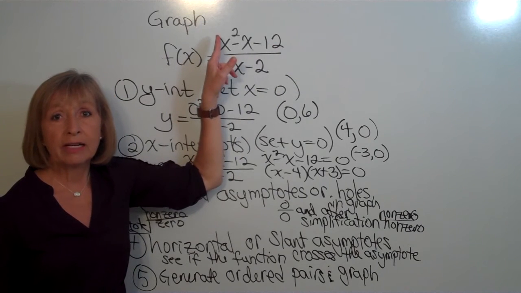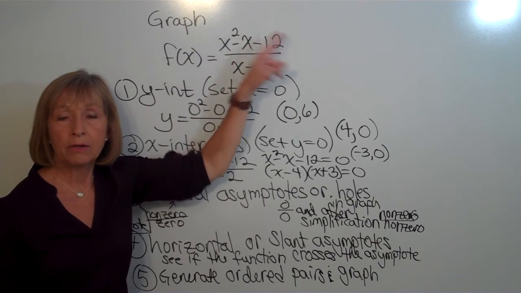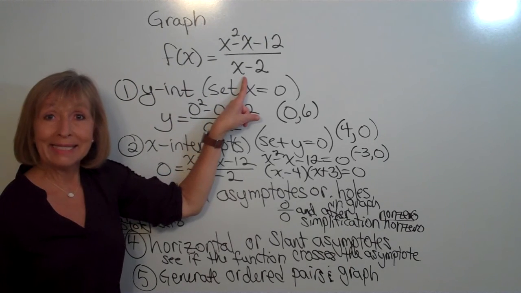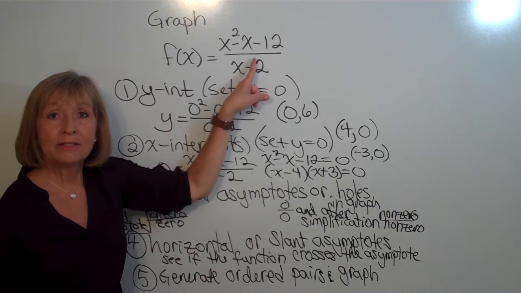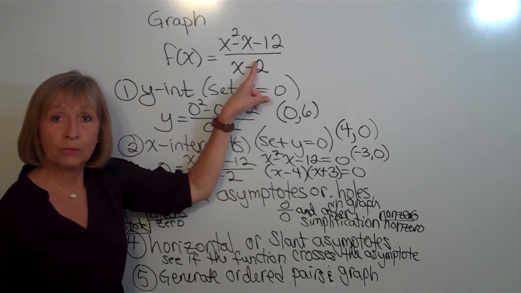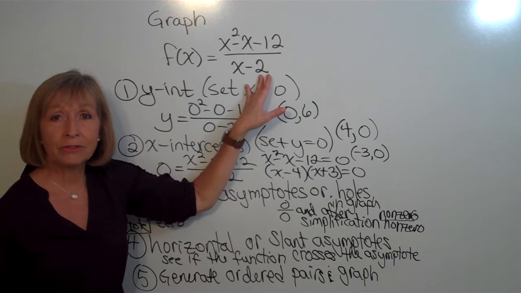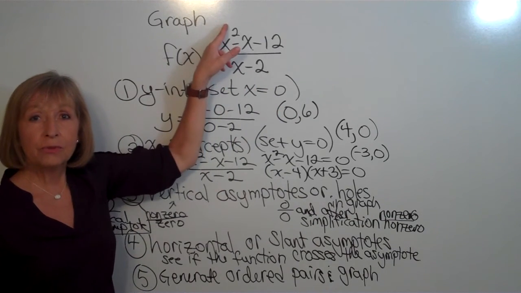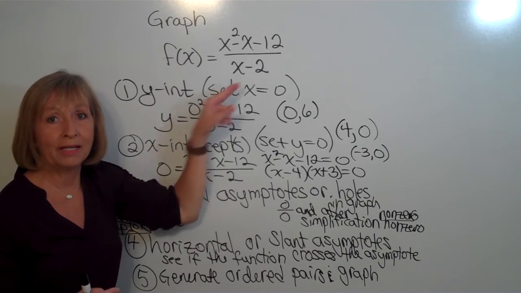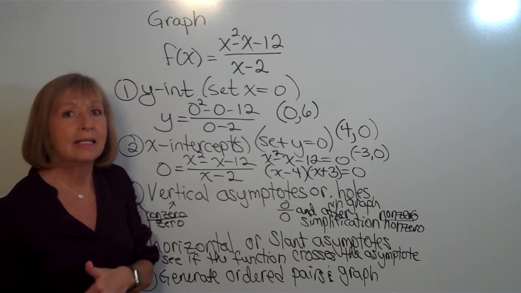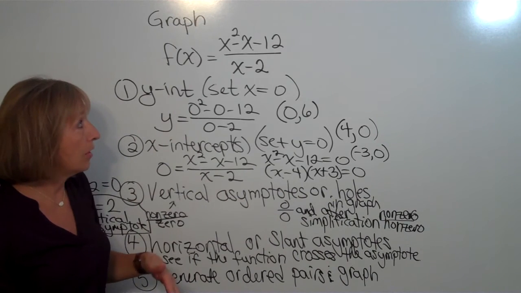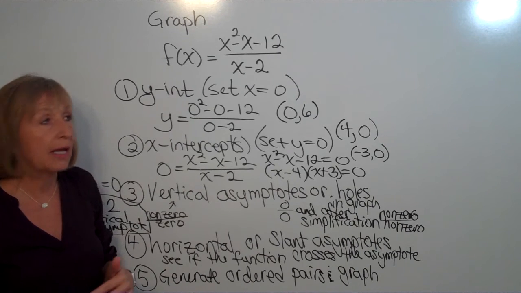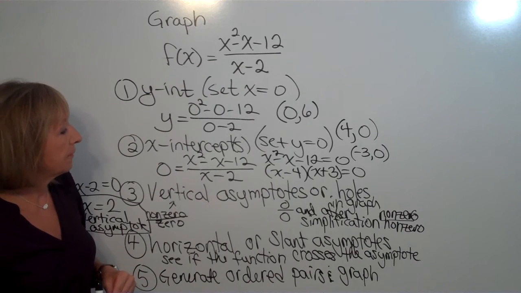So the biggest degree is 2. My denominator's first term has degree 1 and the second term has degree 0, so the biggest degree is 1. And 2 is 1 degree bigger than 1. So I will have a slant asymptote.